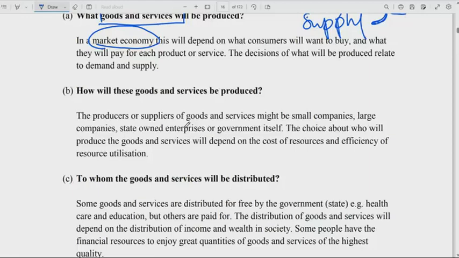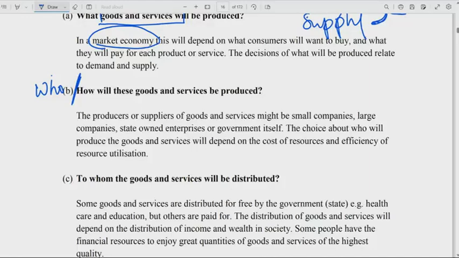So it's basically how and who produces the goods and services. It can be a small company, a large company, or a state-owned one, as I gave the example of Eskom. Electricity in Malawi is produced by a parastatal, a state-owned company.